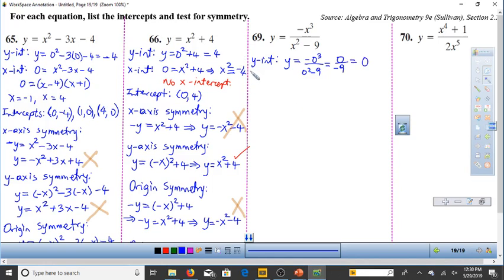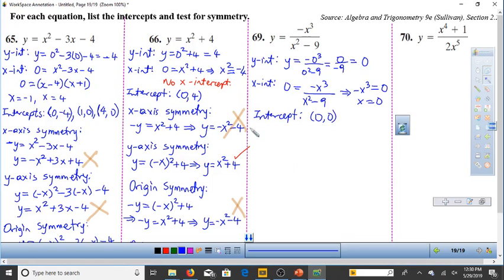And if I replace my y's with 0 for the x-intercept, I get 0 is equal to negative x cubed over x squared minus 9. The only way a fraction can ever give you 0 is if the numerator is equal to 0. And so this will give you the same x equal to 0. So the only time we have an intercept here is at (0, 0).